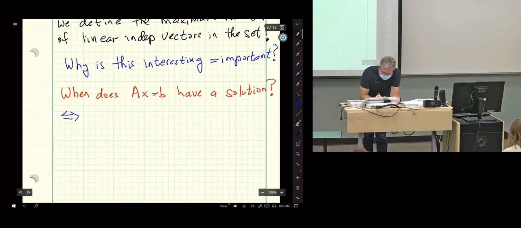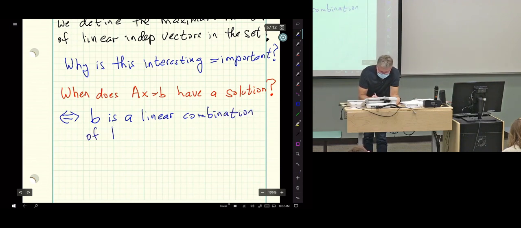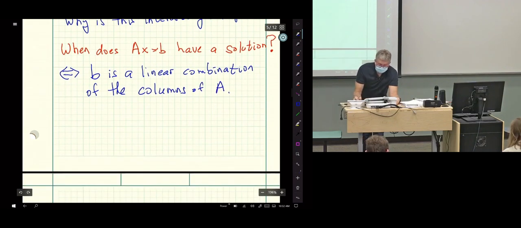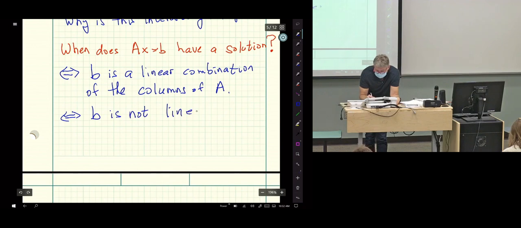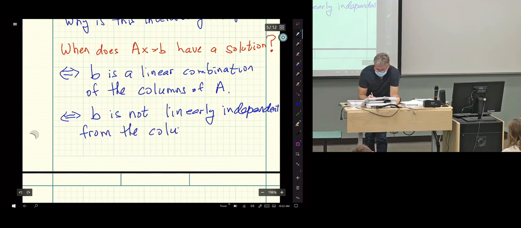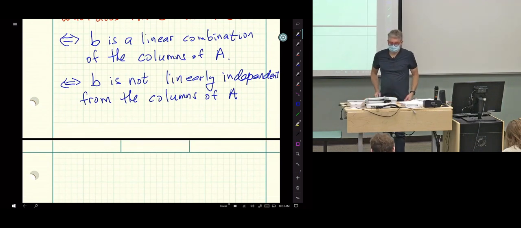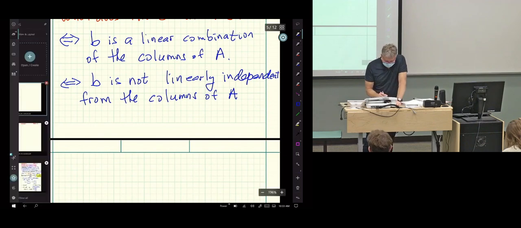That's if and only if B is a linear combination of the columns of A. Well, that means B is not linearly independent from the columns of A. So I can write B as a linear combination of the columns of A. Let you write that down, and we'll go back and just remind ourselves why that's true.